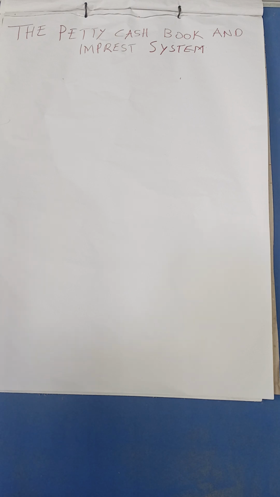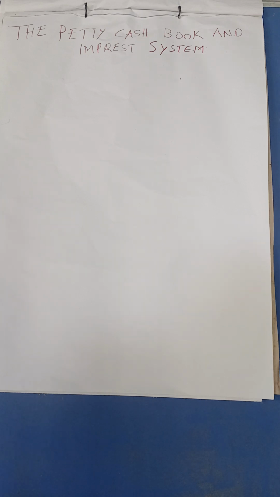It will look funny for me to go and record it in a 3-column cash book or 2-column cash book. But I will record it under the petty cash book. Because that is a small amount that you cannot include where we are recording millions of money. So we record it in the book called the petty cash book.